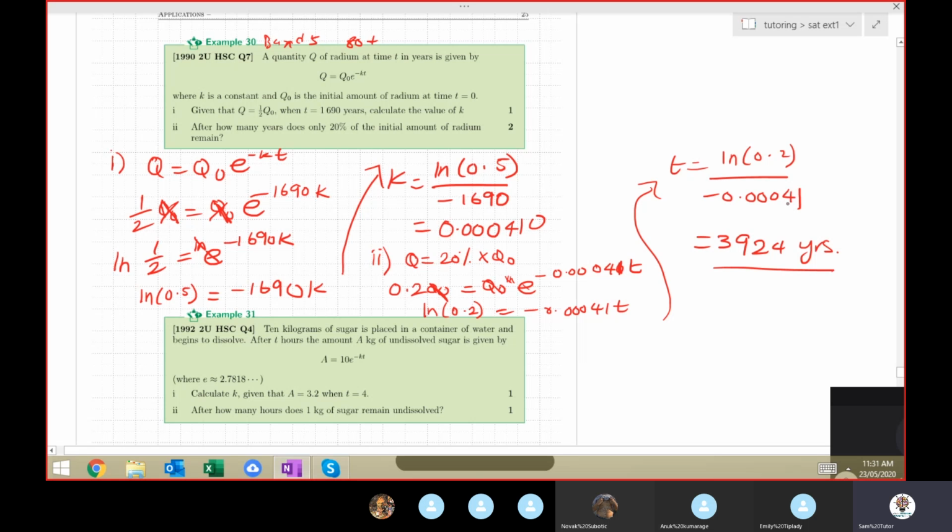It's got to be the exact value. So I didn't put in negative 0.00041. I left it as it was, log 0.5 over negative 1690, whatever that answer was. So the full unrounded answer. You can write it, but you can't use it at the end. At the end, you've got to use the exact answer.